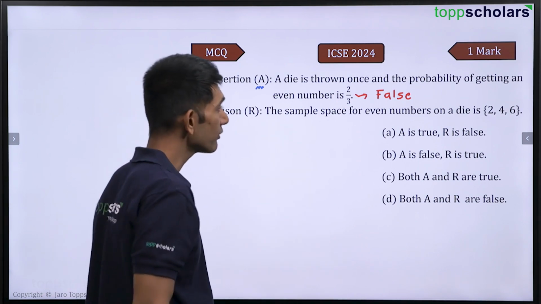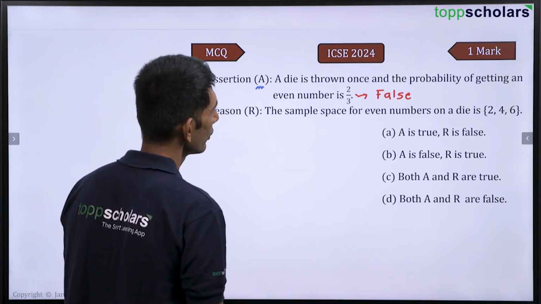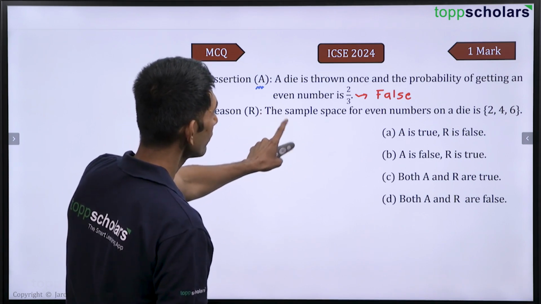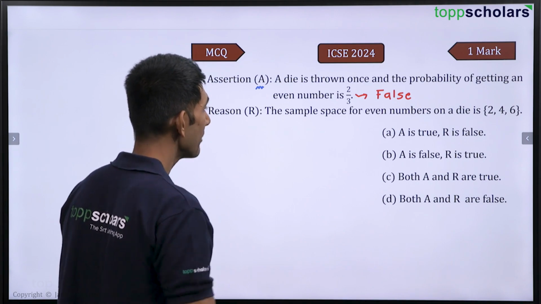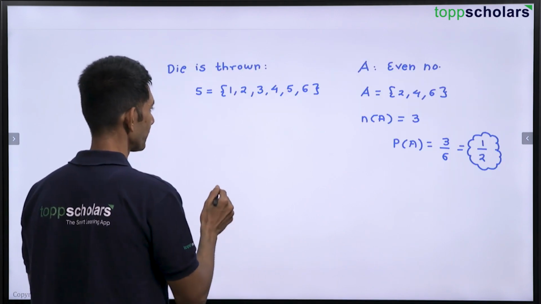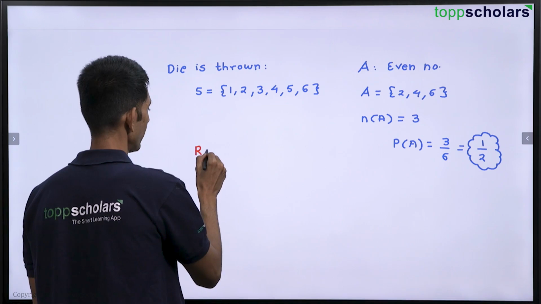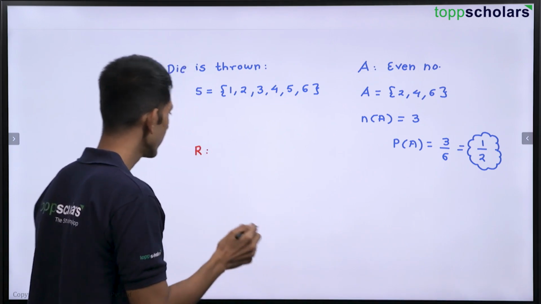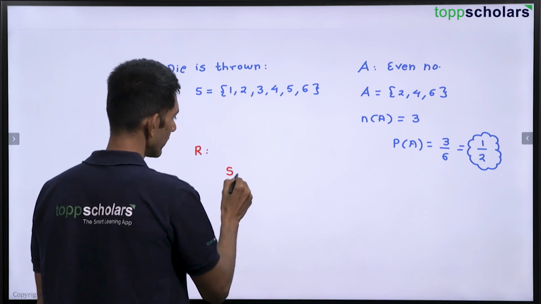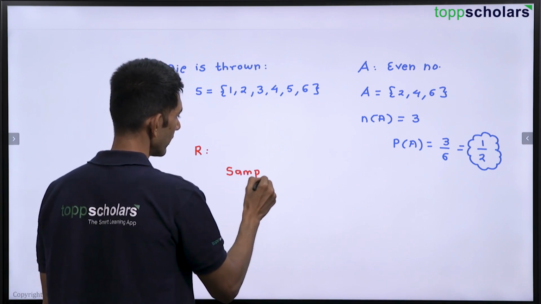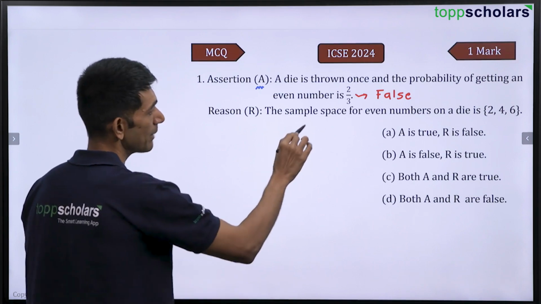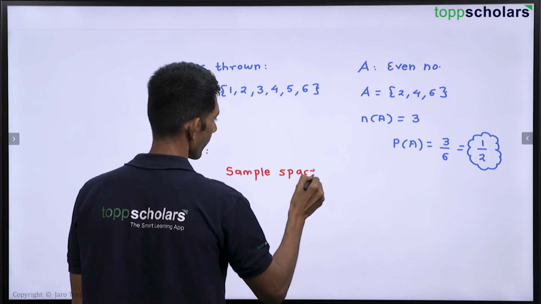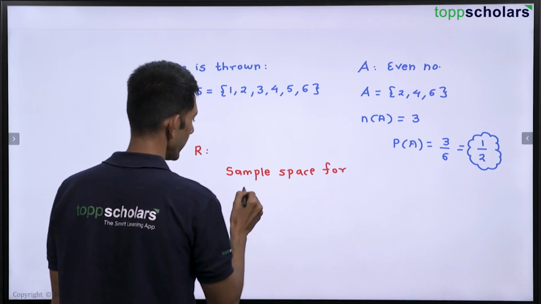Now, the sample space for even numbers on a dice is 2, 4, 6. The sample space for even numbers. Okay. So they are saying, if R is some set of getting even numbers, sample space for even numbers.